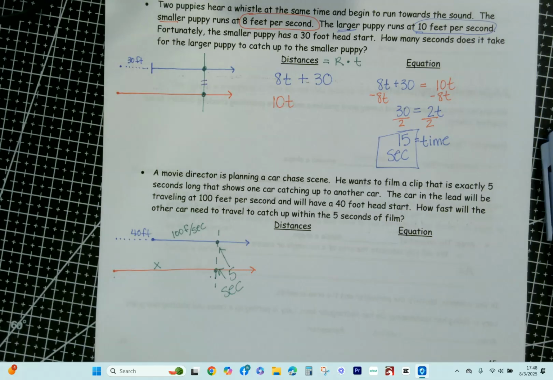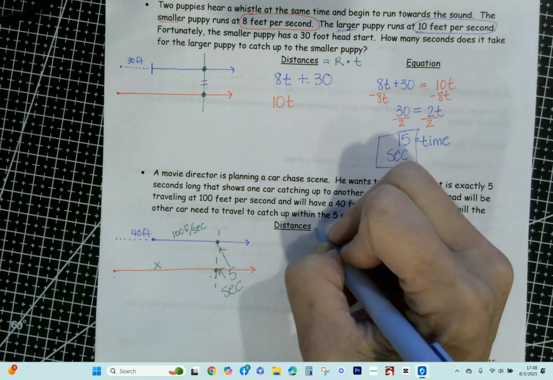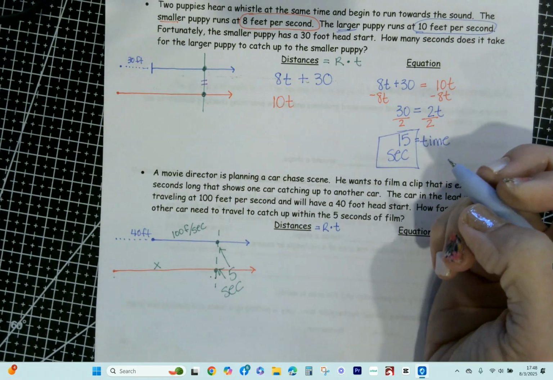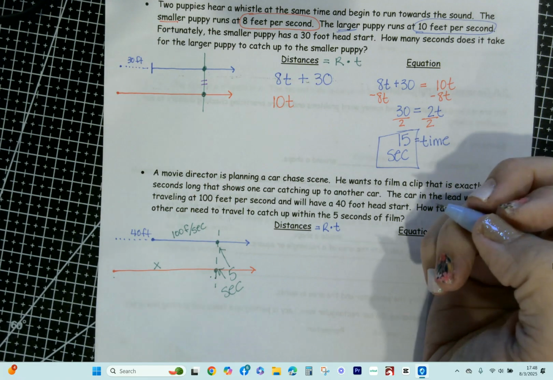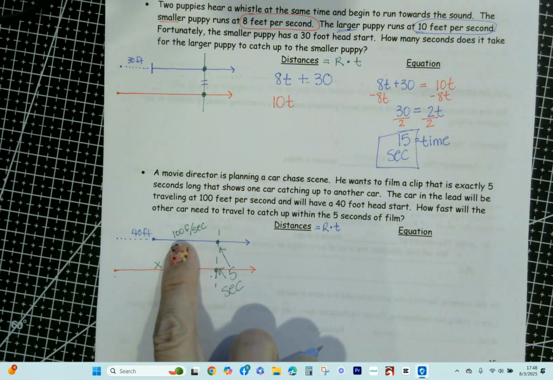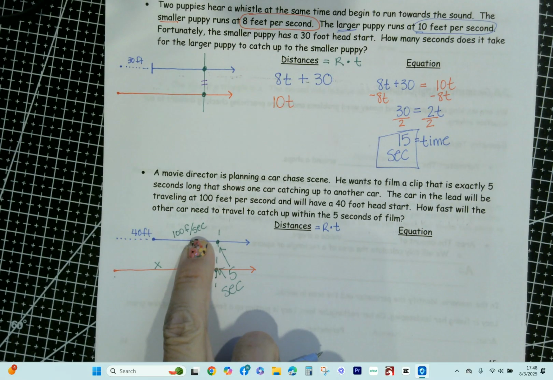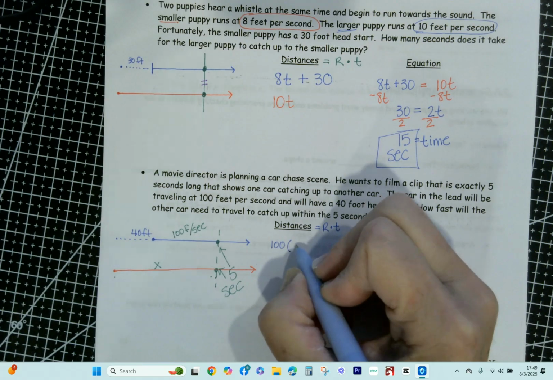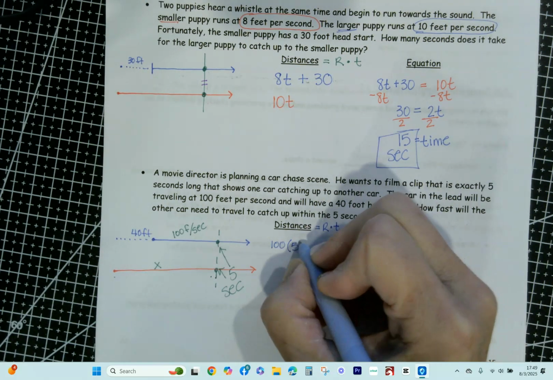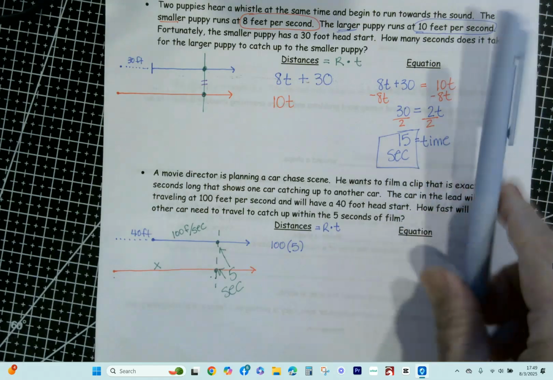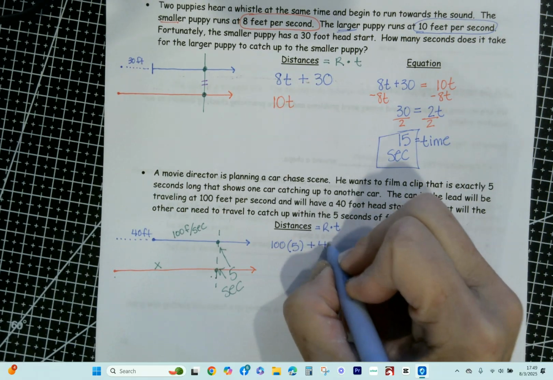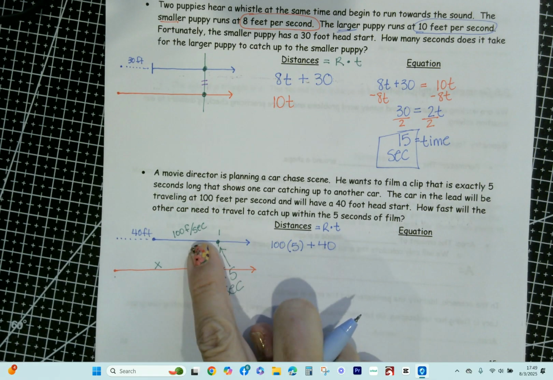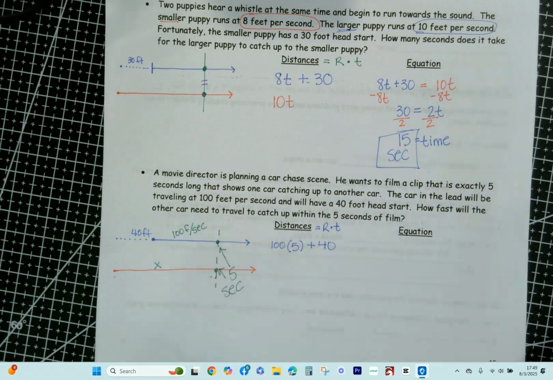So what do we know about distance? We know that distance is rate times time. That's pretty easy. So if I'm going 100 feet per second, and we're going to go for 5 seconds, and we have the 40-foot head start, this right here is my first car, the car in the lead.